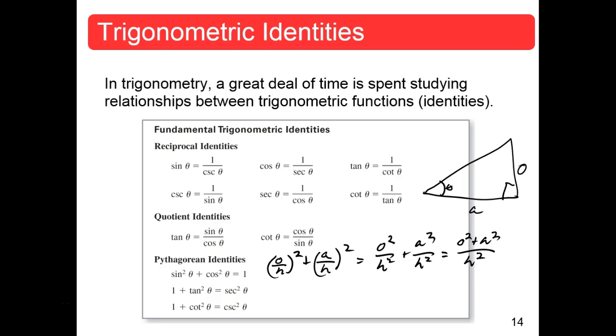But now I'm calling this O squared, and I'm calling this hypotenuse H. So O squared plus A squared is H squared. And what's H squared over H squared? 1. Always 1. Doesn't matter how small the triangle, how big the triangle, it doesn't matter. It's always going to be 1. How small the angle, how big the angle. As long as they're both acute angles, they're going to be 1.